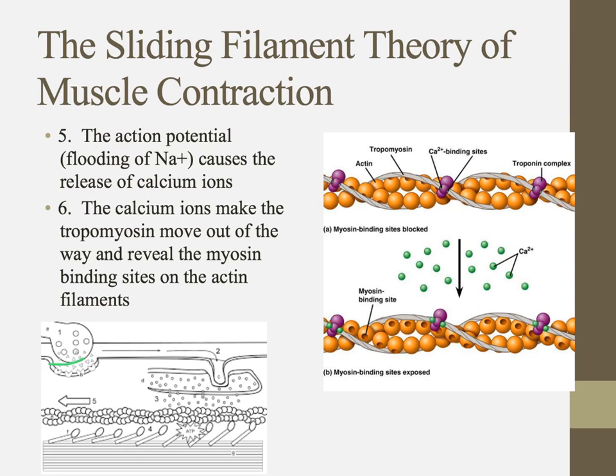So that acetylcholine binding causes sodium to enter the cell, and then that in turn triggers the sarcoplasmic reticulum to release its calcium. Once the calcium ions are in there, those calcium ions are going to bind to troponin and cause the tropomyosin to move out of the way so it reveals those myosin binding sites.